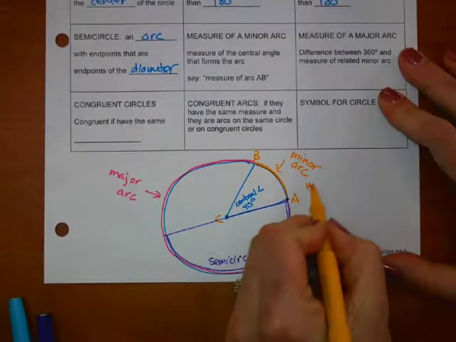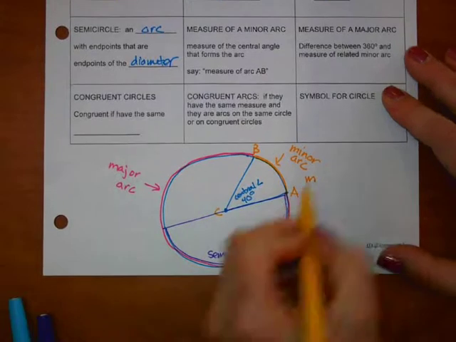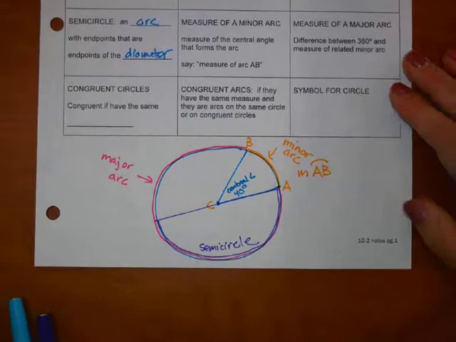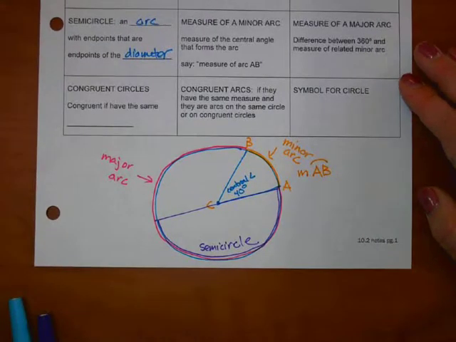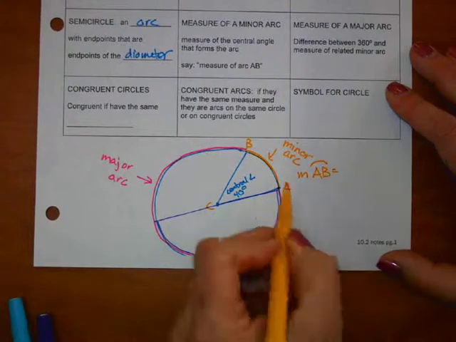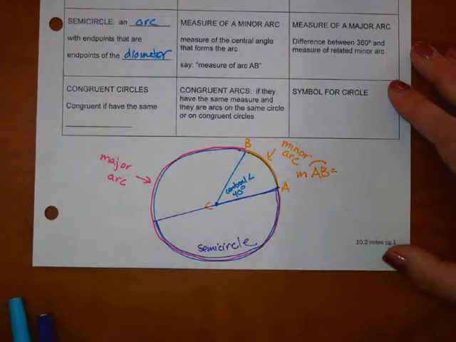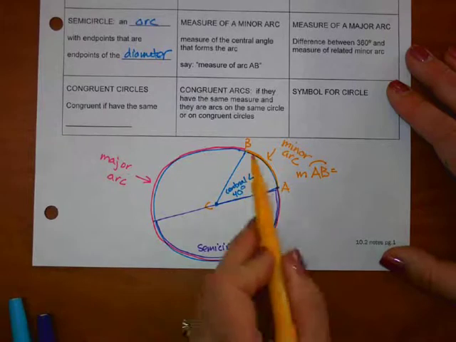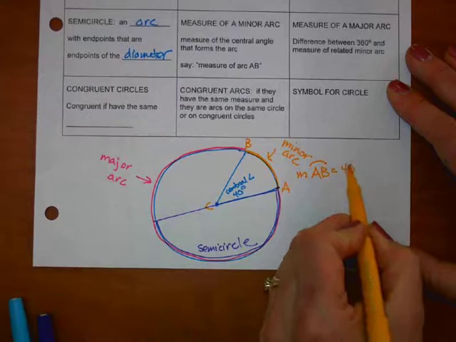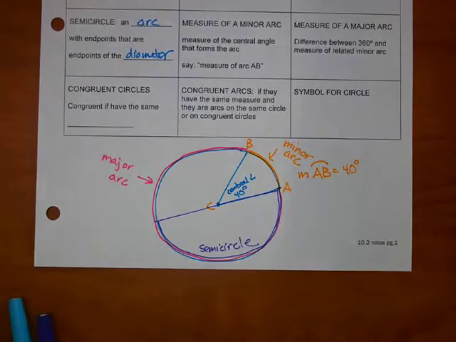The measure, we use the M again, of arc AB, with an arch over it, is equal to, what's the measure of the central angle that arc is formed by? Right here. What's the measure of that angle? 40. So the measure of arc AB is 40.